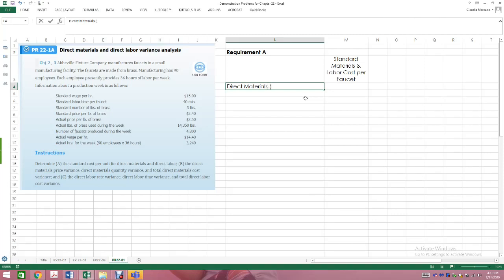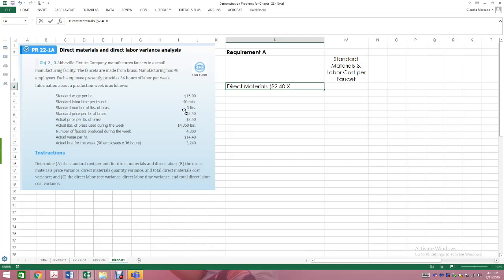For my direct materials, they're asking you for the standard cost per unit for direct materials and direct labor. So we're going to look at the standard cost of my brass. That's what my faucets are made out of. My standard price is $2.40.